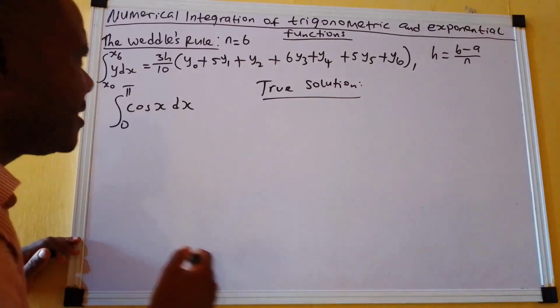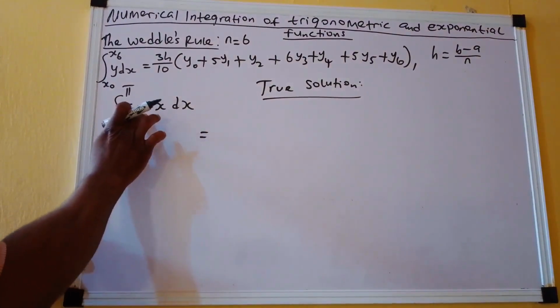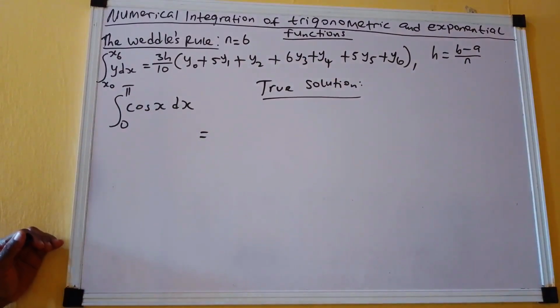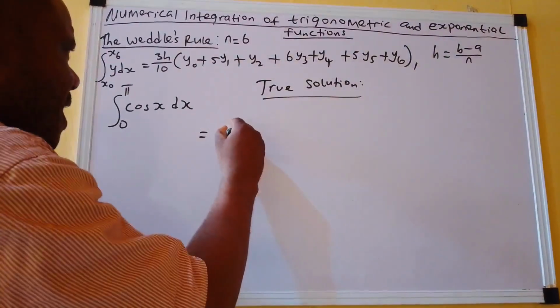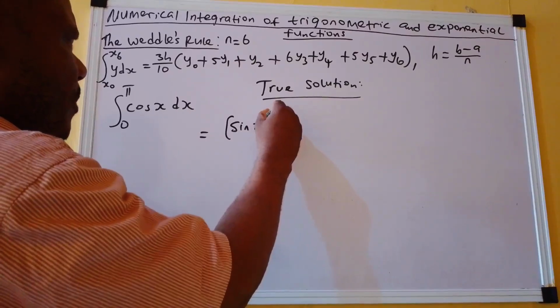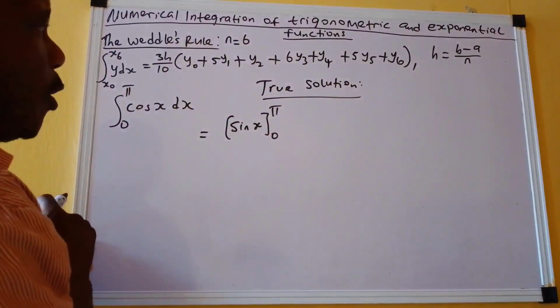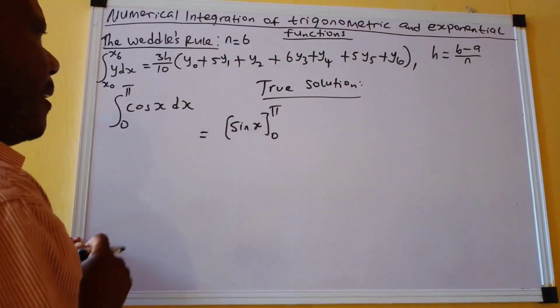If I integrate cos x, I'm going to have sine x. So this will now be equal to sine x, with the upper boundary there, then the lower boundary there.